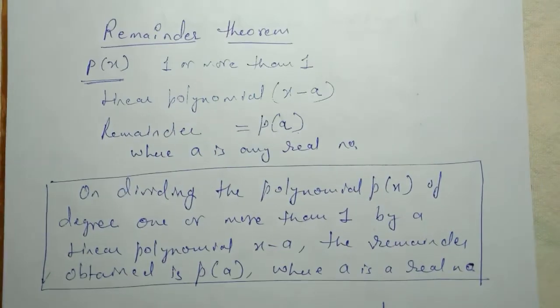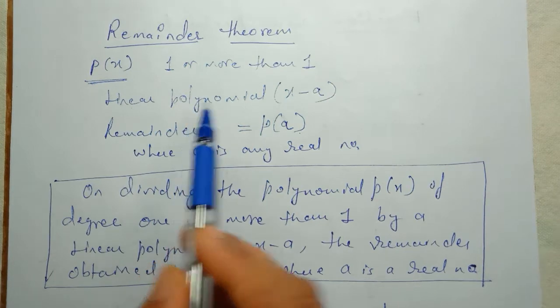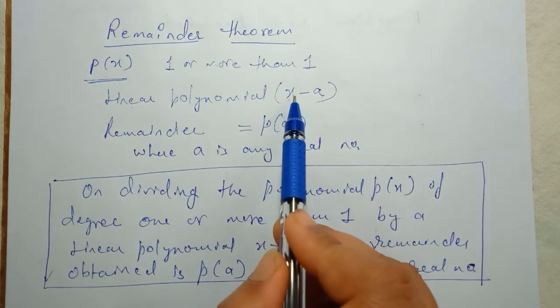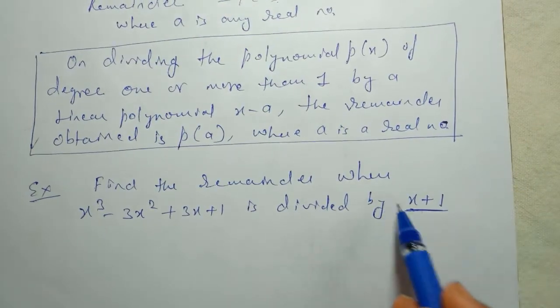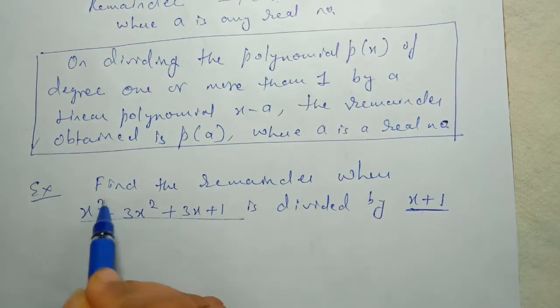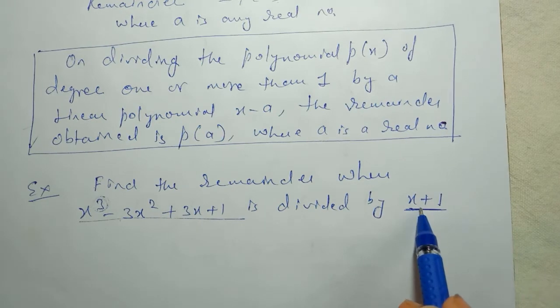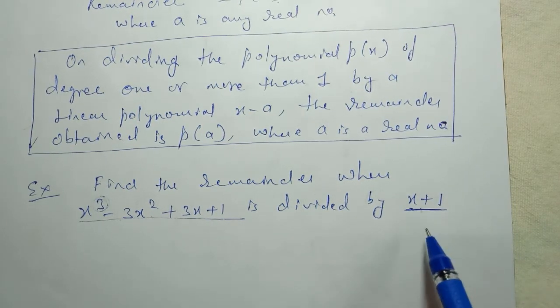On the basis of the remainder theorem, the linear polynomial is of the form x minus a, so in place of x minus a, we have x plus 1 in the example. The degree of the polynomial is more than 1. When it is divided by this linear polynomial, what will be the remainder?